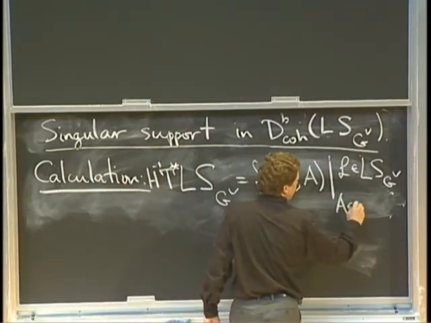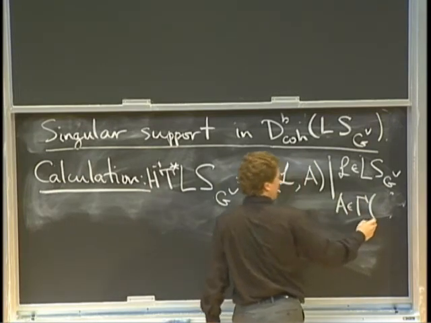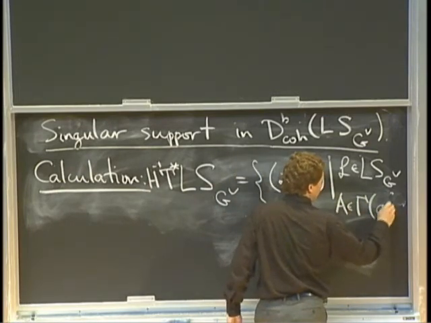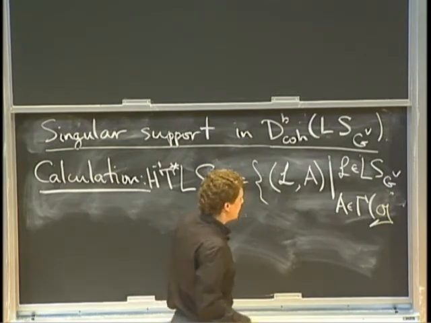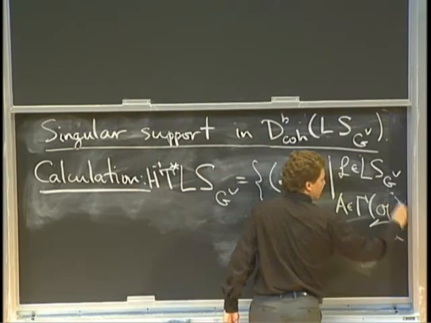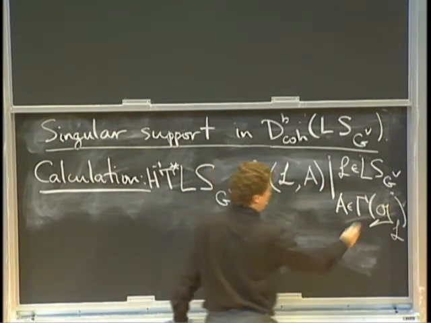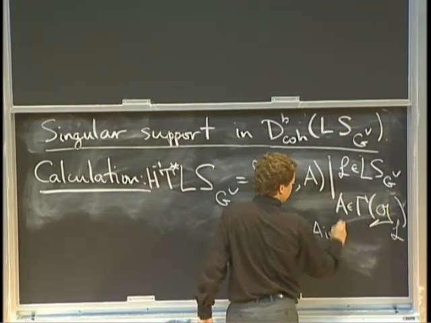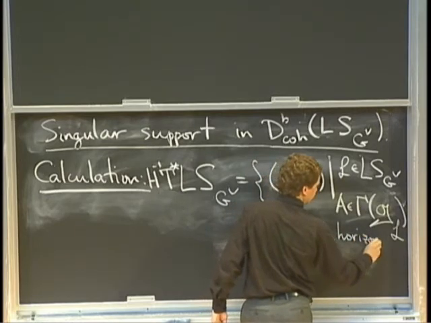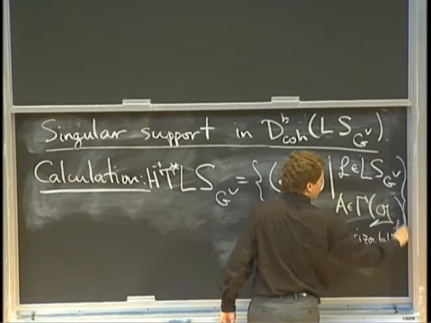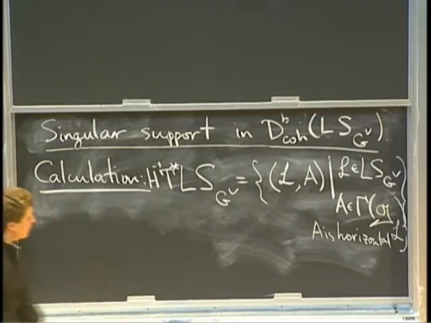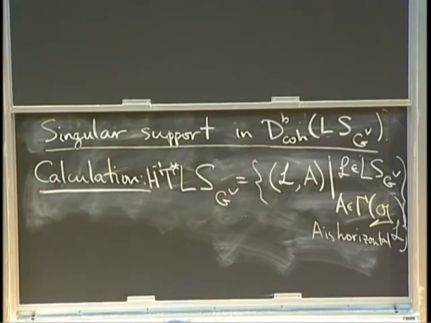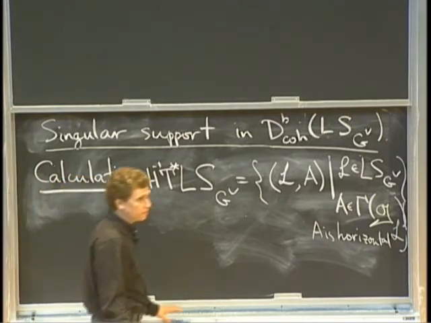So A is a section, if you like, of the G twist of this local system. And it is supposed to be horizontal. So for example, if G is GLN, I'm just saying we have a vector bundle with a connection and a horizontal endomorphism of this vector bundle.